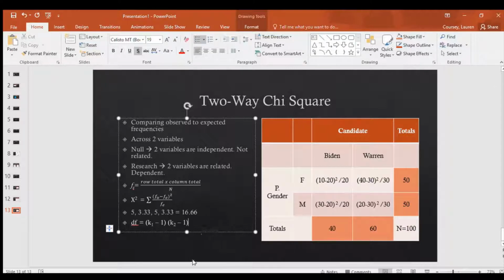And so with the one-way chi-square, we calculated our degrees of freedom by the number of categories minus 1. So we need to do that same thing, except this time for each variable. And so K1 is for our variable 1. We could take that to mean our gender. So there are 2 categories minus 1 would be 1.